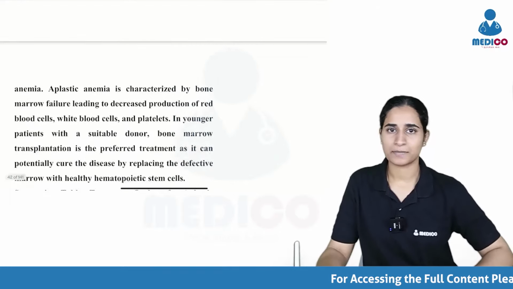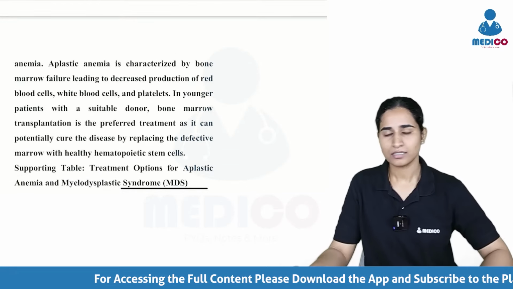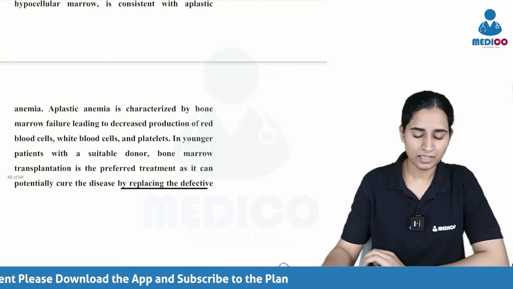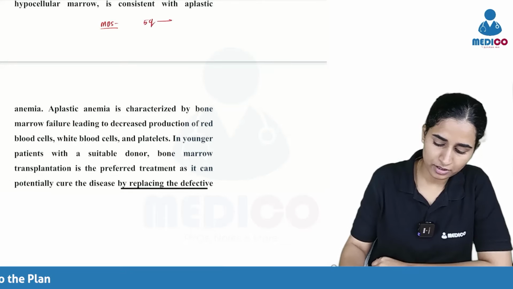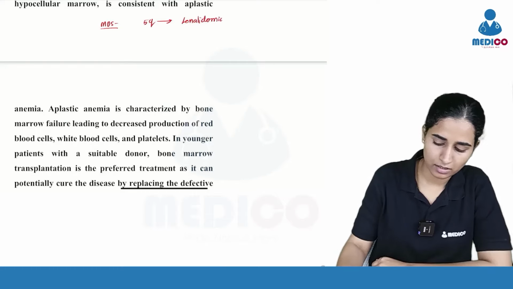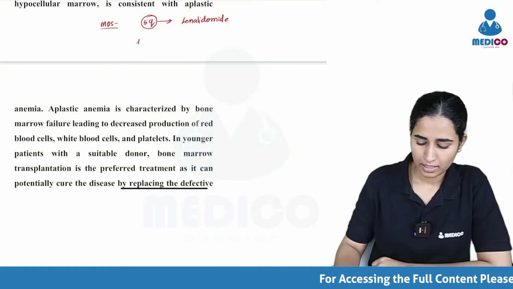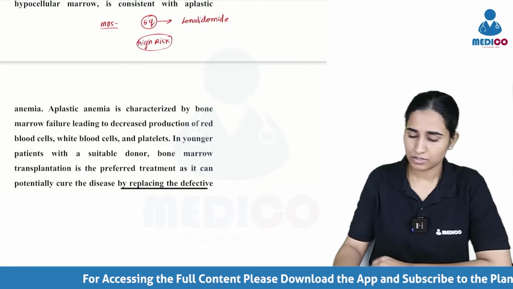Whereas for MDS, myelodysplastic syndrome, we'll see whether it's low risk or high risk. Low risk, we won't go for any management. If there is 5q deletion, we can start him on lenalidomide. If high risk, there is not much treatment.